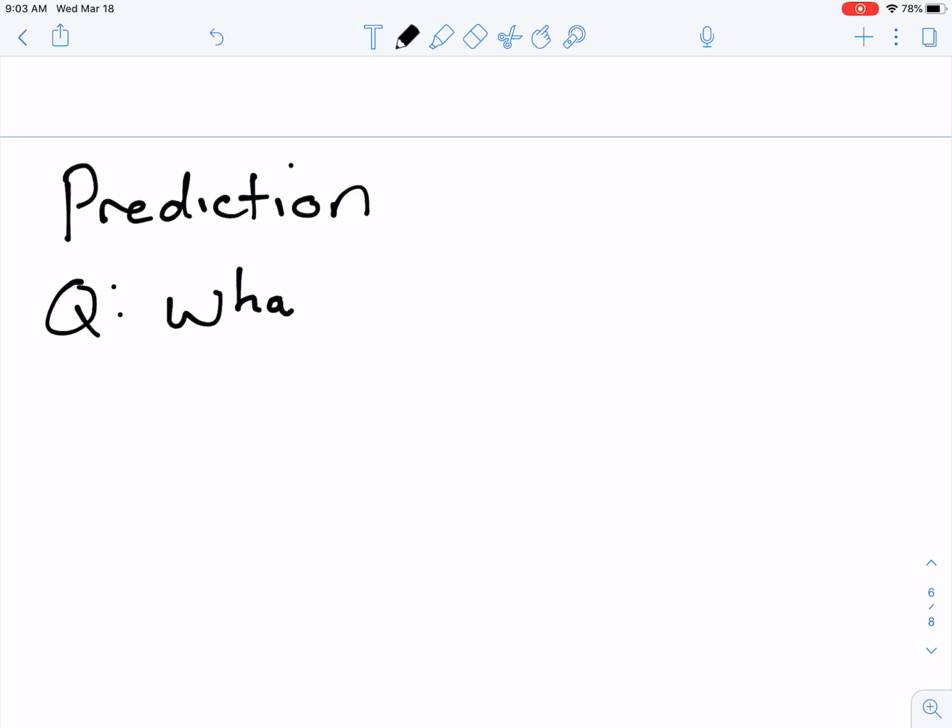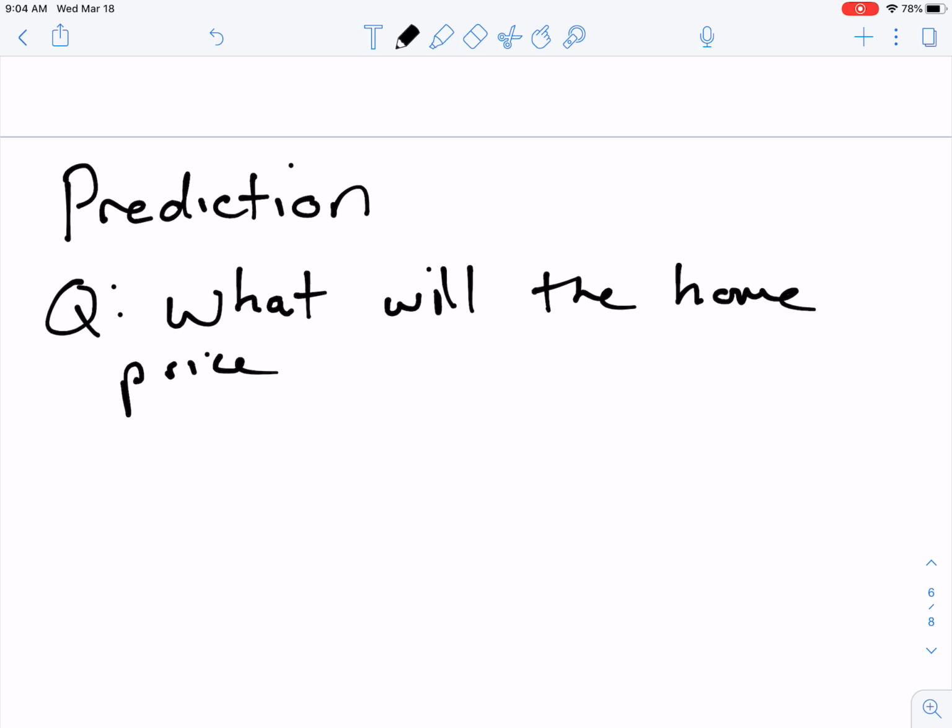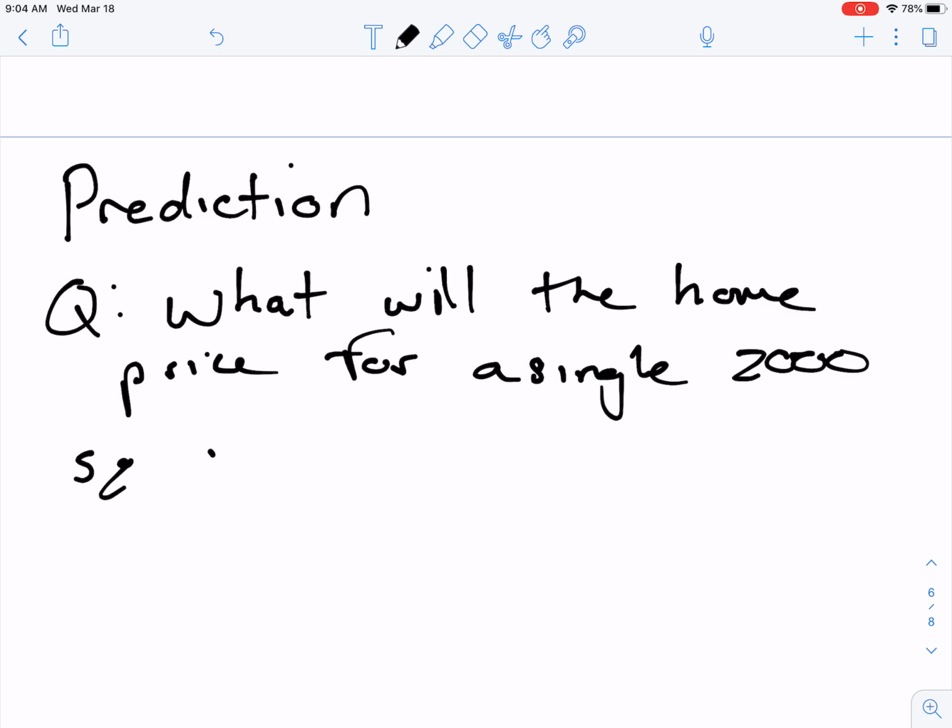What will the home price, so now we're talking about one home price, not an average of a bunch of home prices, for a single 2,000 square foot home be?